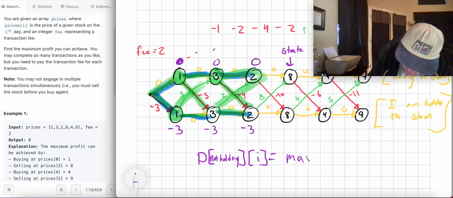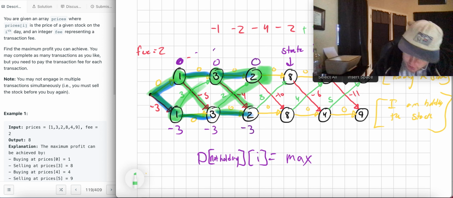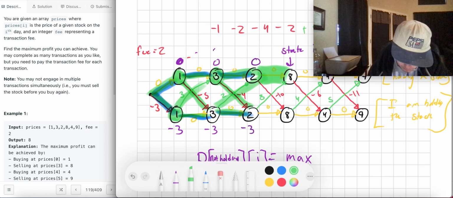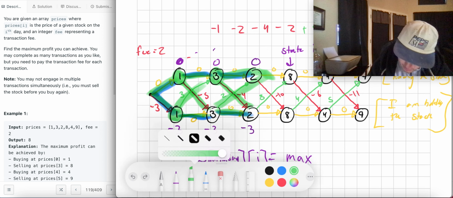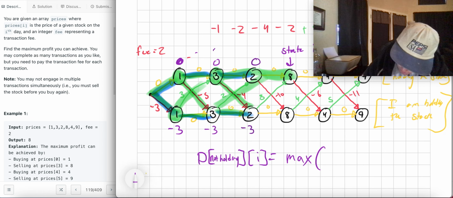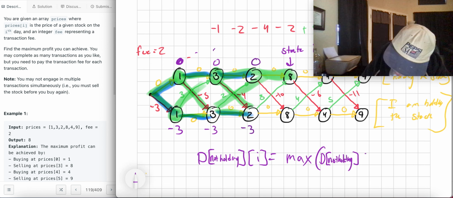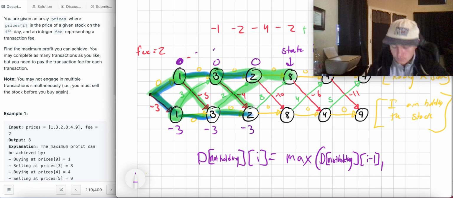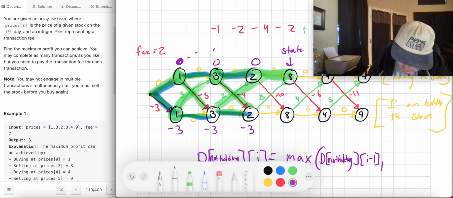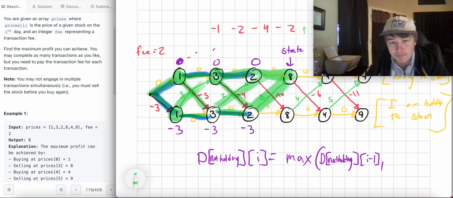Well, you have options, right? Either I continue not holding, so that's just saying I'll take whatever not holding was at the previous iteration. Or what's my other option? I can sell the stock if I was holding it before.